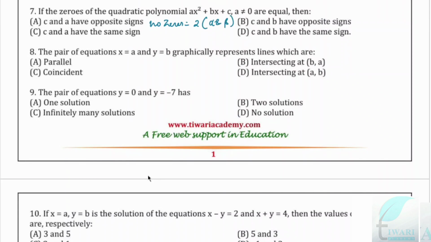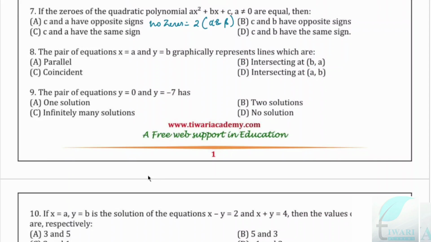They are asking: do c and a have opposite sign, or c and b have opposite sign, or c and a have the same sign, or c and b have the same sign.